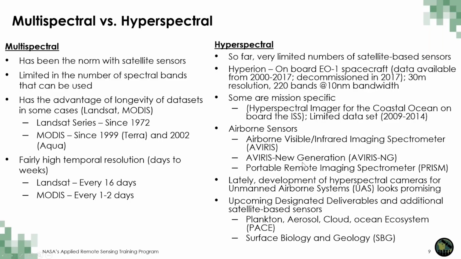Now, lately, there's been the development also of hyperspectral cameras, particularly for unmanned airborne systems or drones, that looks promising, but there's still a lot of road to cover there, and it's still a work in progress.